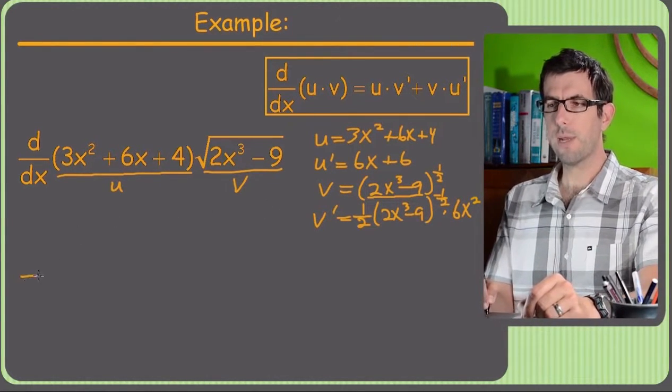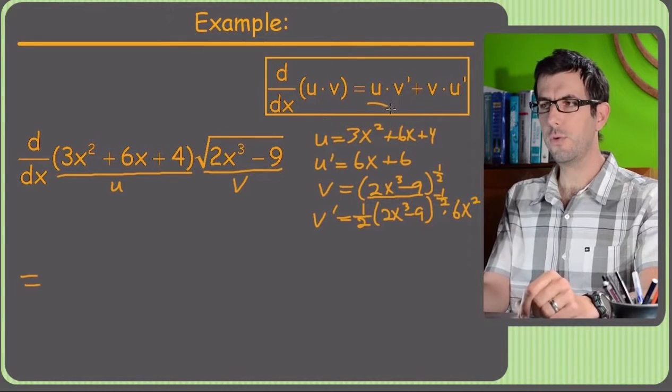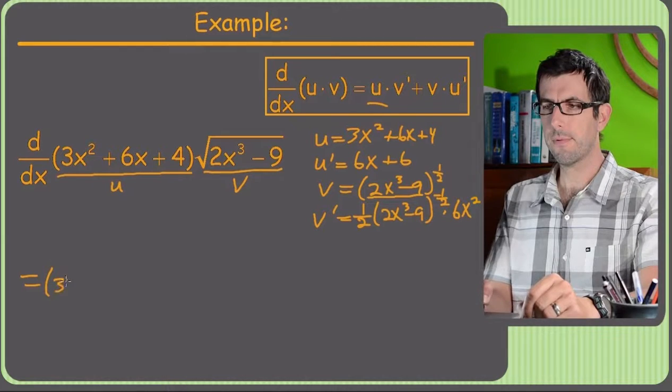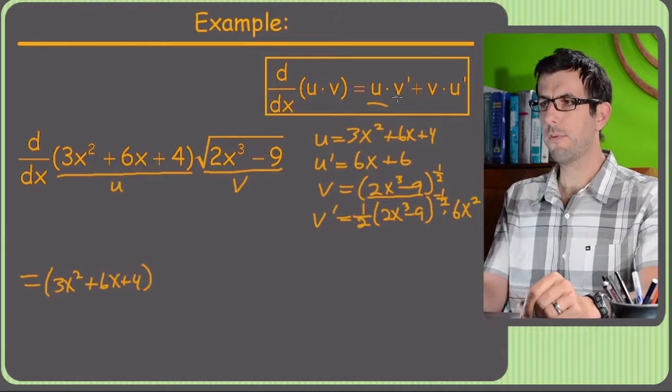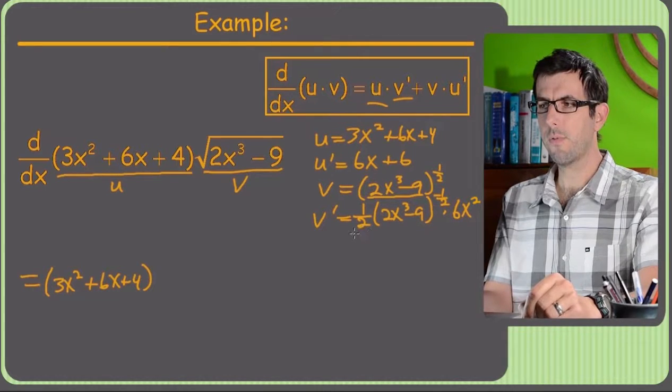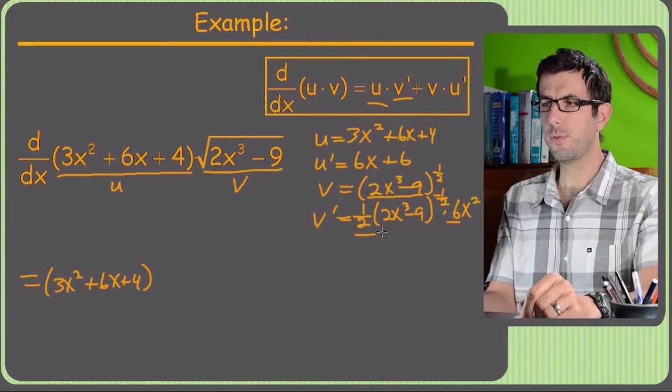All right, so now we're ready to just plug and chug through the formula. U is, wow, a lot of stuff, plus 4. Then we need our v prime. That was this mess. So that 1/2 and that 6 right here are going to cancel to 3.